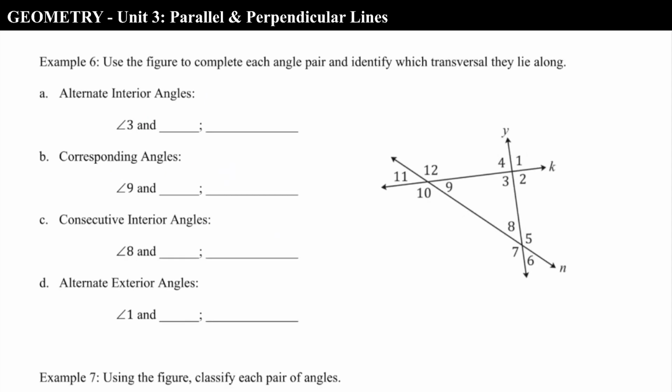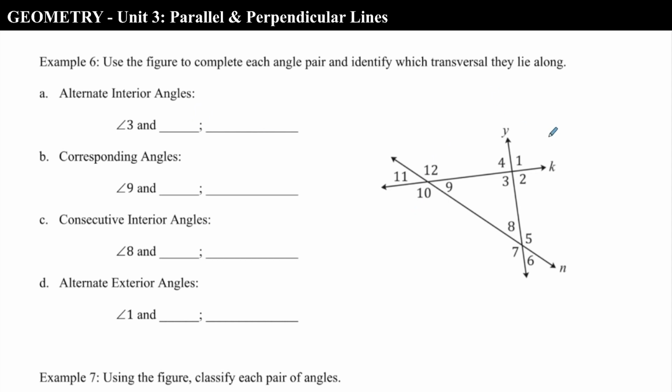All right, in the next one, we have 3 lines going through each other, okay? Y is your transversal here when you talk about this set and this set. K is your transversal when you talk about these two sets. And then N is your transversal when you talk about the last two sets. So alternate interior angles.